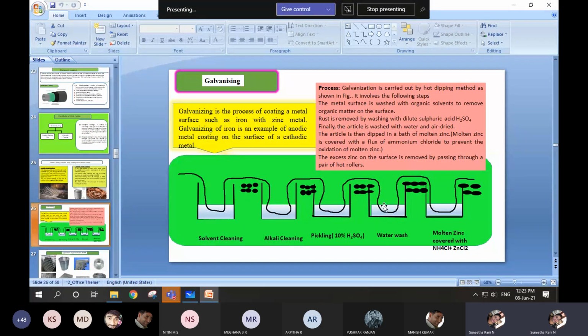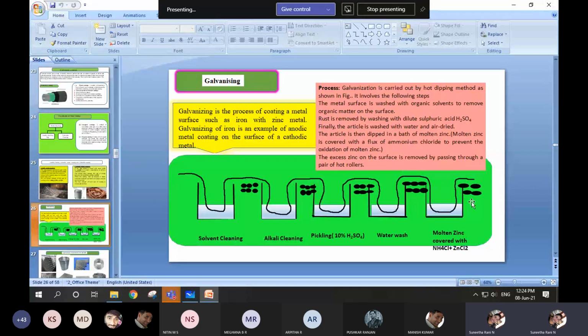Once the zinc is coated as a thin layer on the surface of the iron, it will be passed into the next, final container, which contains molten zinc, along with ammonium chloride and zinc chloride. In this condition, the molten zinc sticks to the surface of the iron metal, and a thick coat of zinc is coated on the iron.